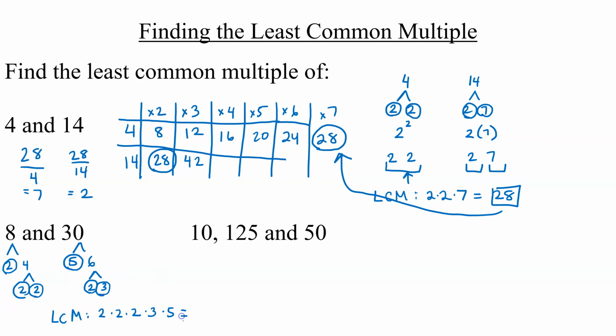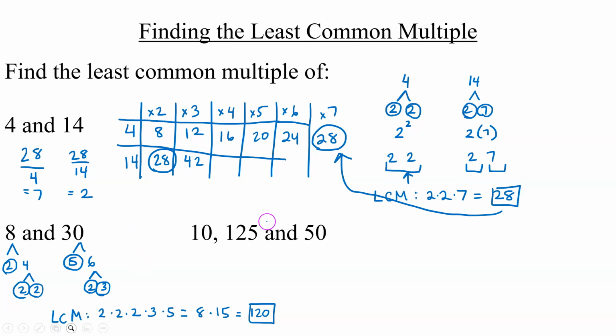So at this point we can solve. 2 times 2 times 2 is 8. 3 times 5 is 15. 8 times 15 would give us 120. So our least common multiple of 8 and 30 is 120.